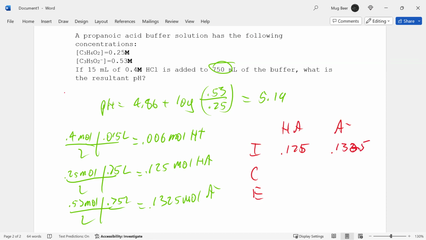Okay, so I'm adding an acid. Which one of these two things is going to be decreased? The HA or the A negative? What is the acid going to react with? Your options are propionic acid or the salt of the propionic acid.